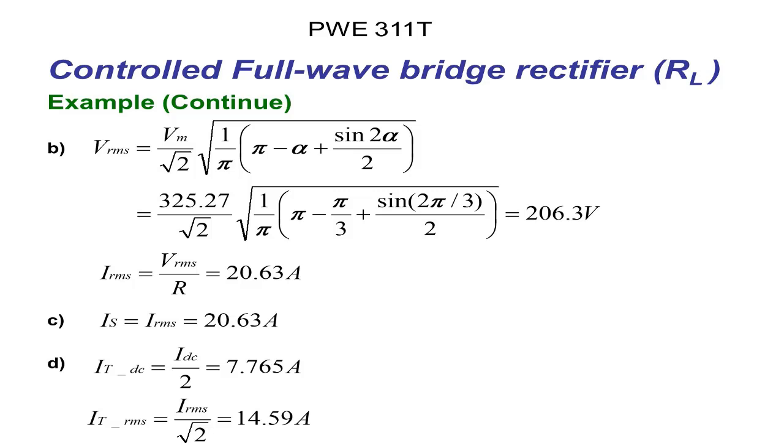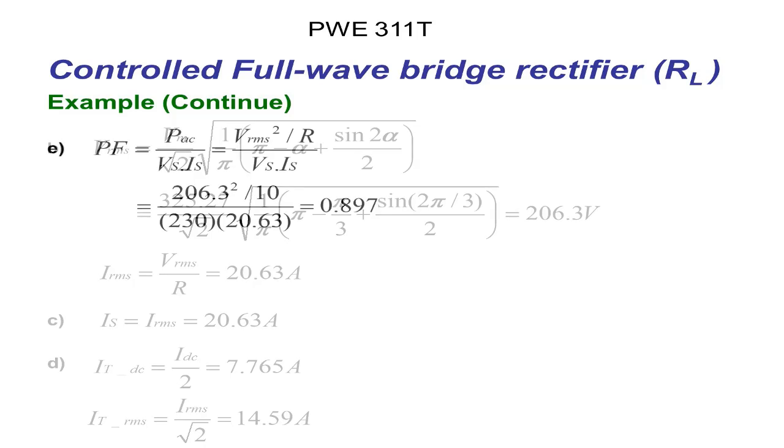And IS, the source current, is the same as the RMS output, which is 20.63. The thyristor current is IDC over 2, and the RMS of the current flowing through the thyristor is IRMS over root 2.